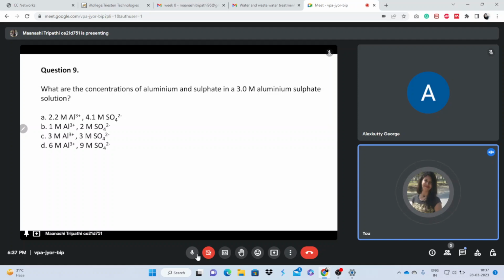What are the concentrations of aluminum and sulfate in a 3 molar aluminum sulfate solution? Okay, 3 molar aluminum sulfate is there. Al2(SO4)3. This is 3 molar. So what is the concentration of aluminum and sulfate? So when it dissociates, what all things will be formed?